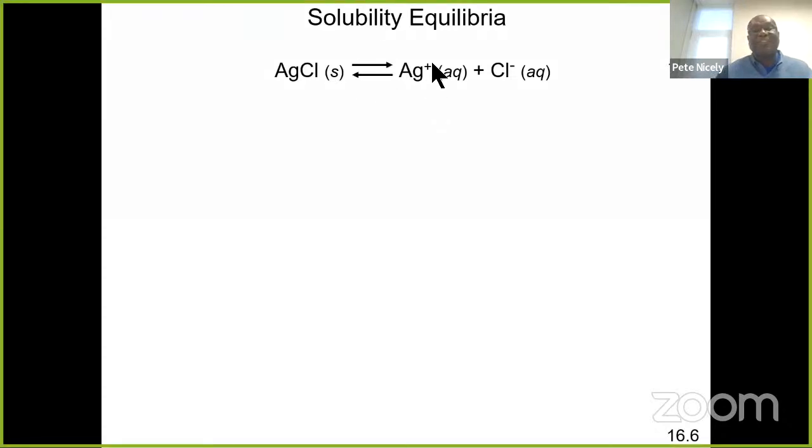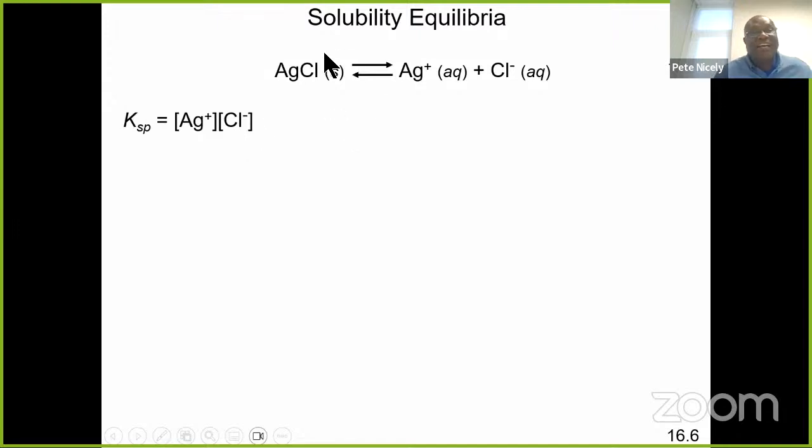of that particular dissociation is shown here, where the silver chloride will dissociate to form silver ions and the chloride ion. Because it's an equilibrium system, we can write down an equilibrium expression for it, where the equilibrium constant is equal to the concentration of the silver ion times the concentration of the chloride ion.